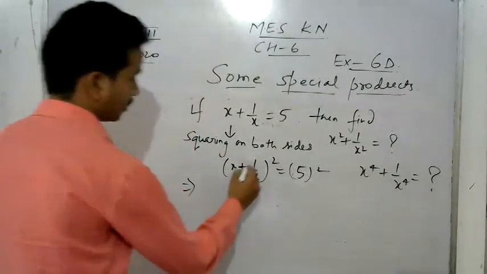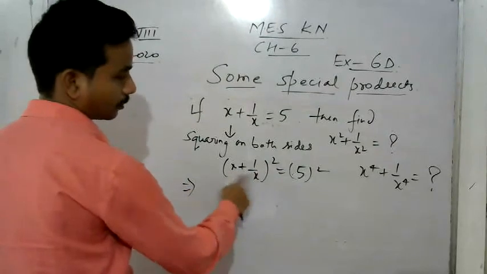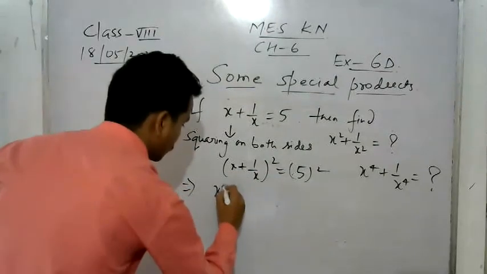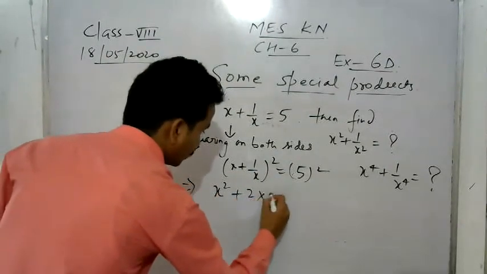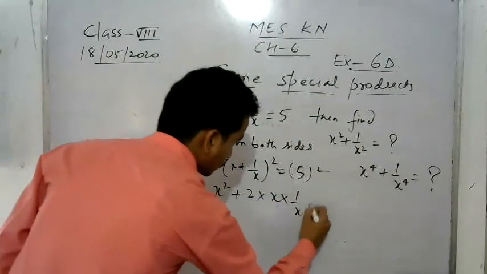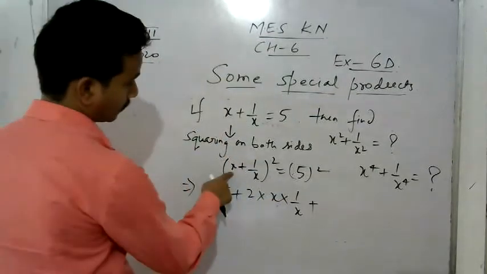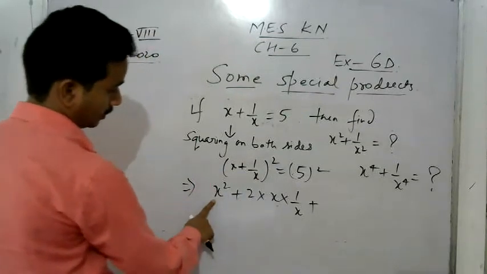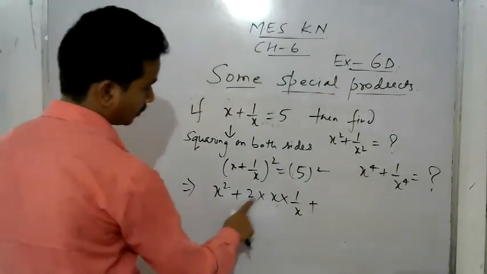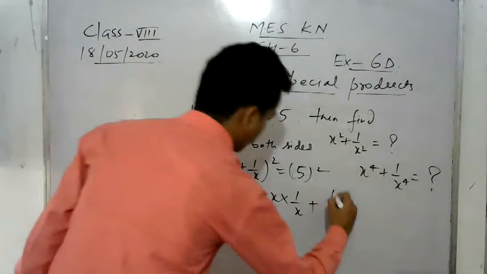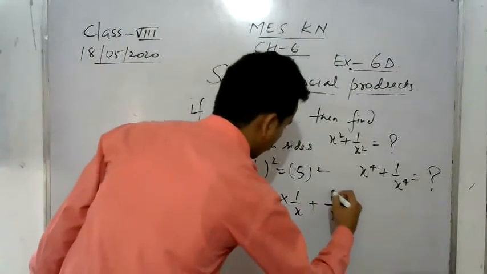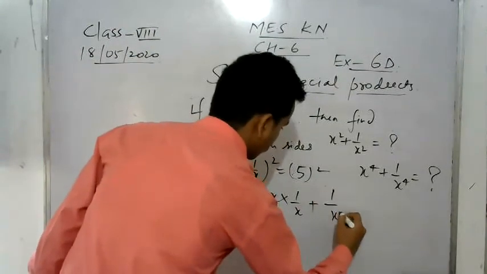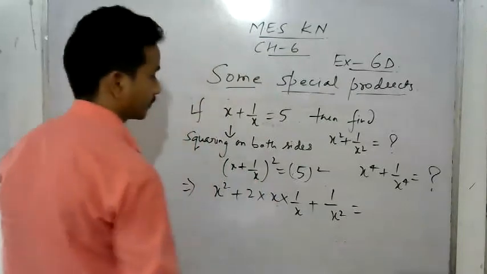Now apply the formula (a plus b) whole square. In place of a we have x and in place of b we have 1 by x. So a square means x square, plus 2ab, 2 into x into 1 by x, plus b square, 1 by x whole square, so it will become 1 by x square.